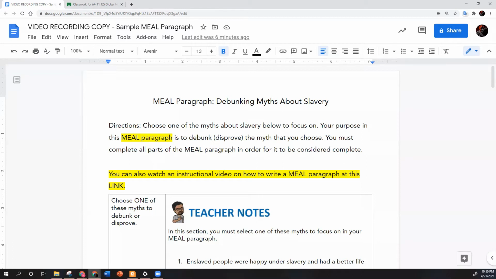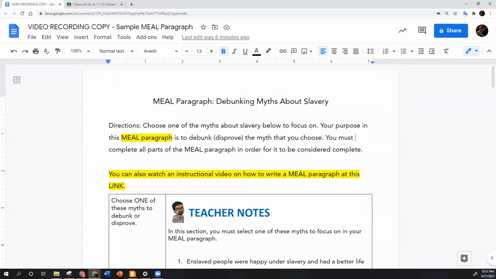So think of this as the first time you're really practicing how to do a MEAL paragraph, and then you're going to apply this and get better at it this year with your PBAT, coming later in a few weeks. Next year's PBATs, same thing. And remember that this is also something you practice in your English classes, so it's good to get used to them.